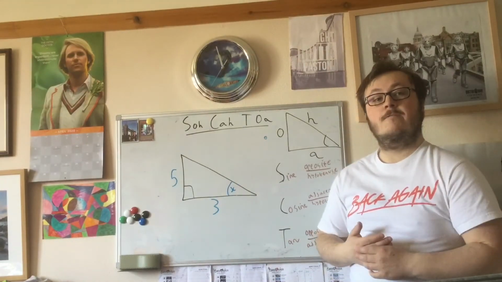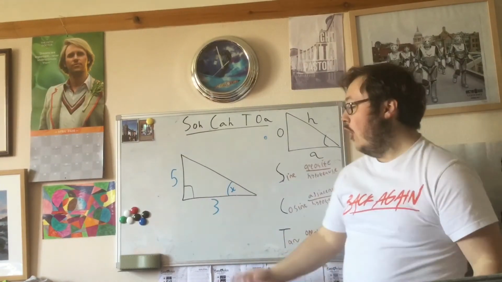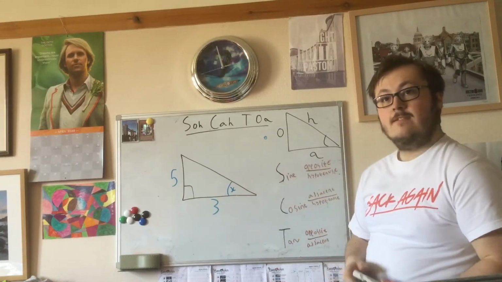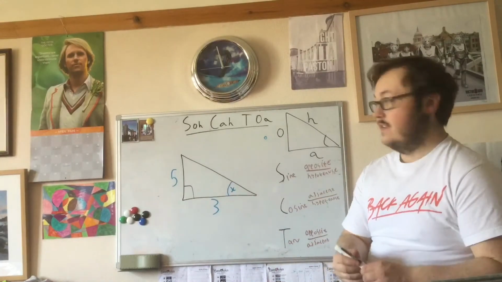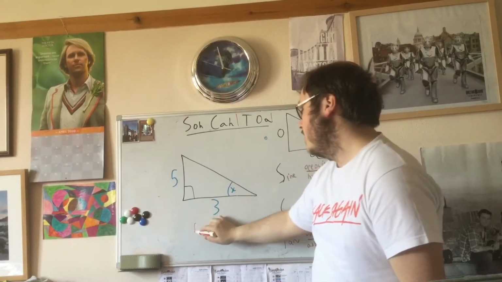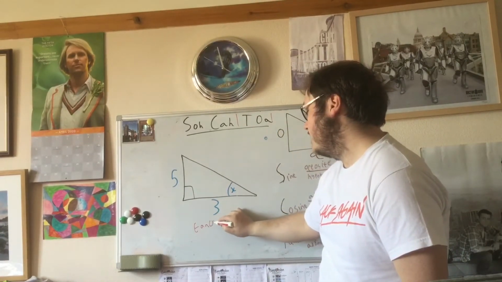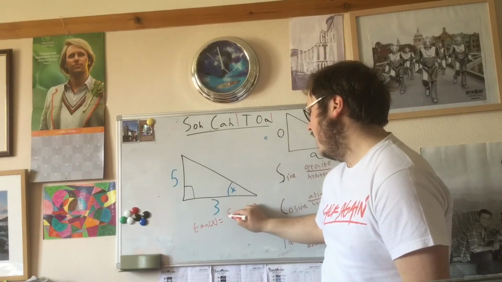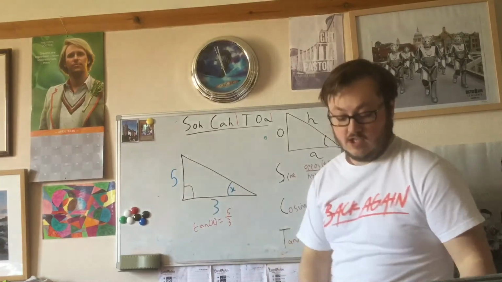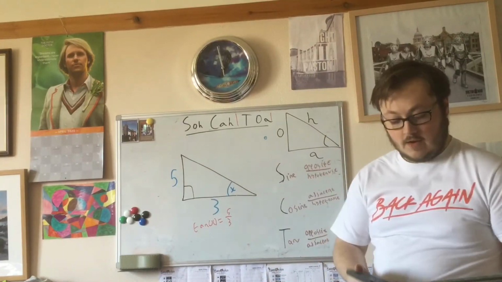But now let's do the final one. We have an opposite and an adjacent, and we need to find tan from that. Because it's opposite over adjacent, we use TOA. So tan x equals 5 over 3, because we're dividing our opposite by our adjacent. We now do the same thing in our calculator.